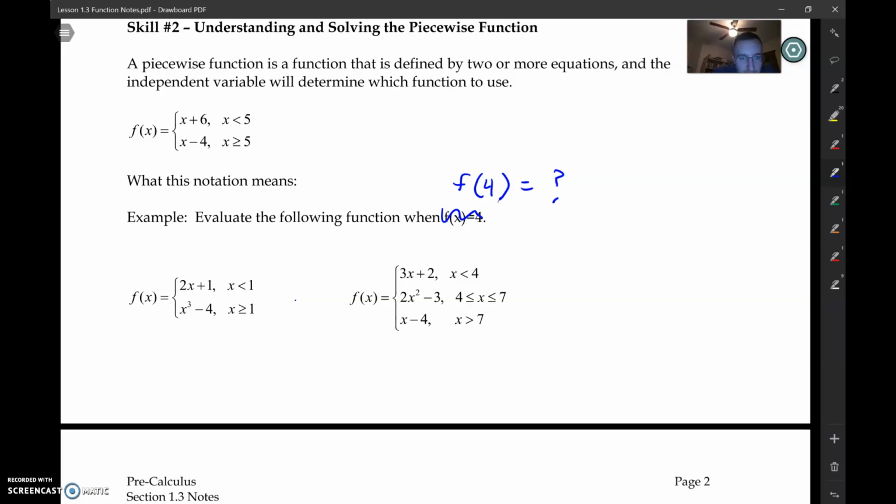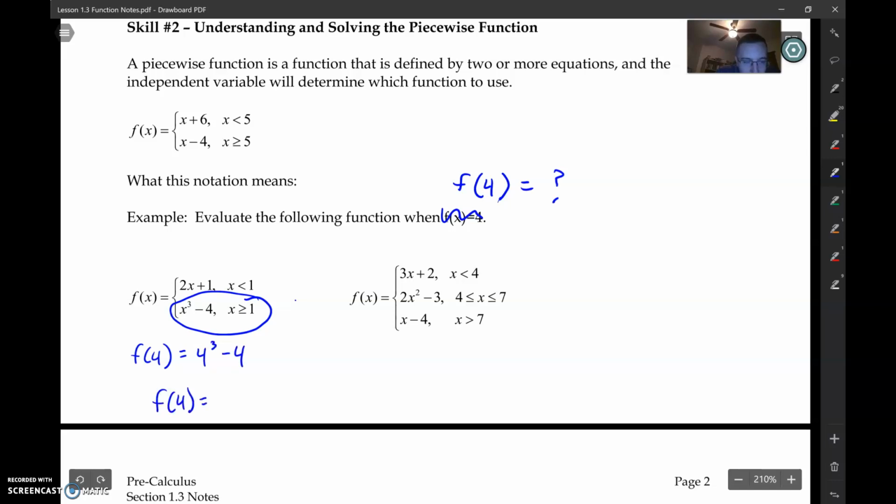So we look over here, and which one do we use? Do we use this one, x is less than 1? No, we don't use that one because our input is 4. So we're going to use this one. So we plug in a 4. f of 4 would be 4 cubed minus 4, so f of 4 is equal to 4 cubed, which is 64, minus 4, which is 60.